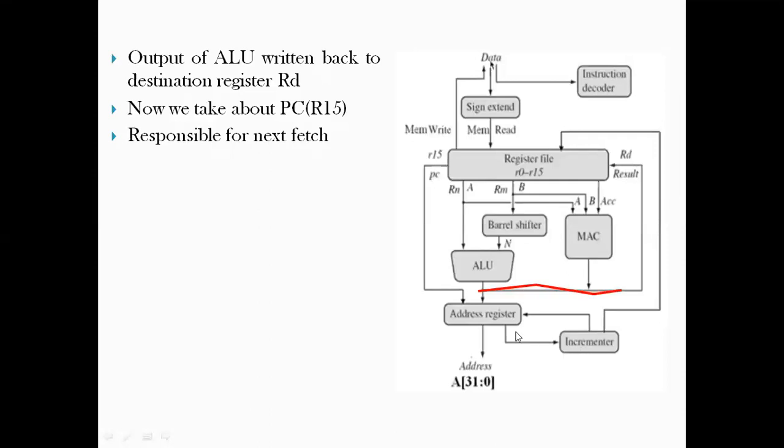Okay, and that incremented address is again written back to the register, which is then updated to this R15 through the signal. From incrementer it is going to this, it should go here. Yes, this line, and to write it to R15 and update the PC to the next location which has to be fetched. I hope it is clear.